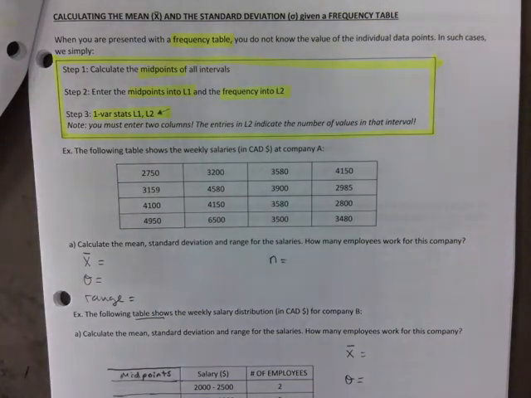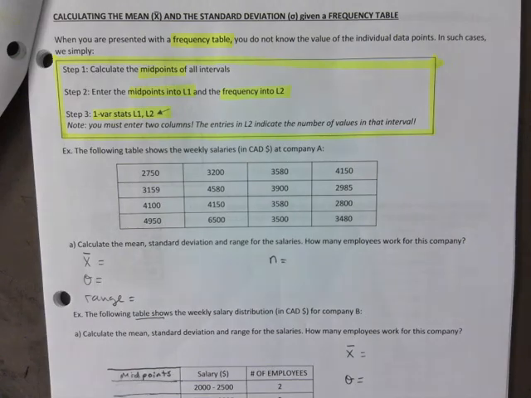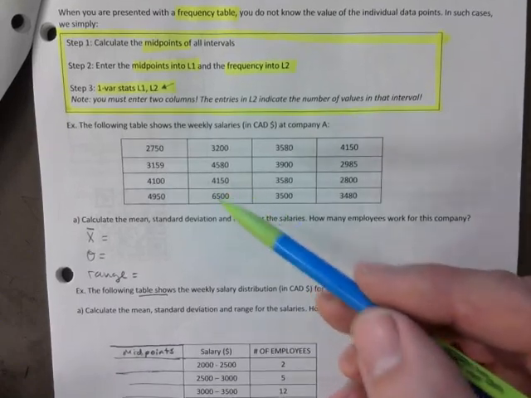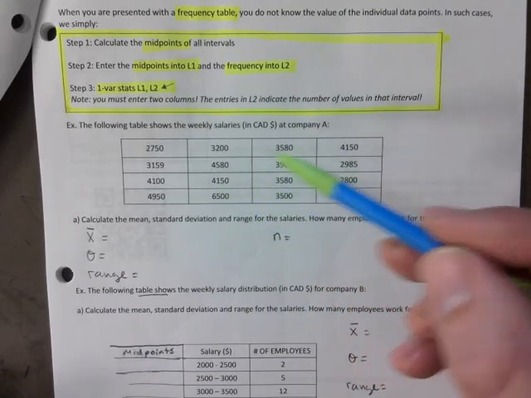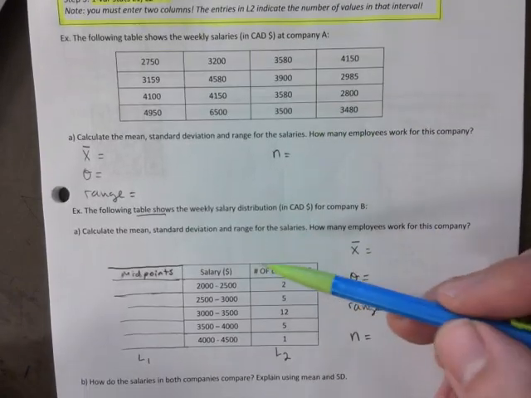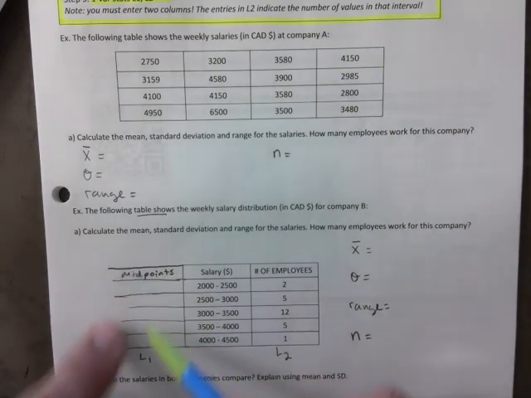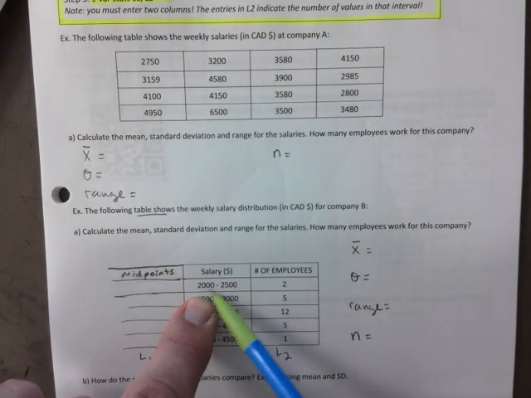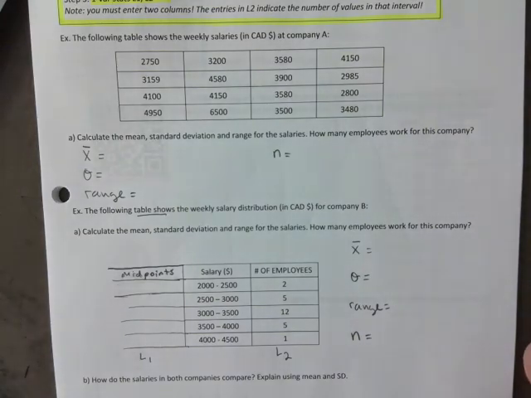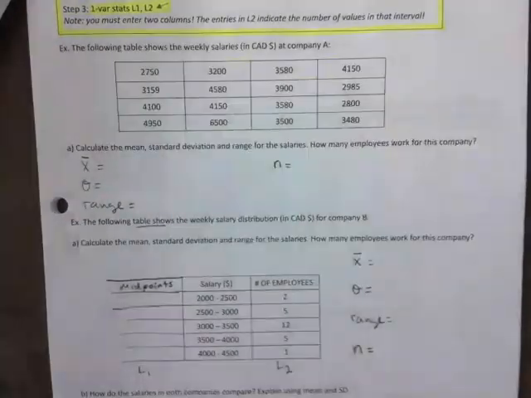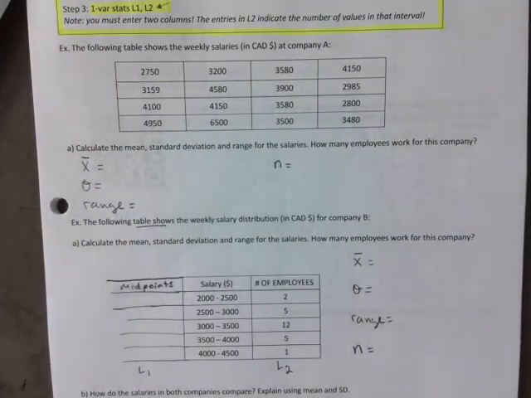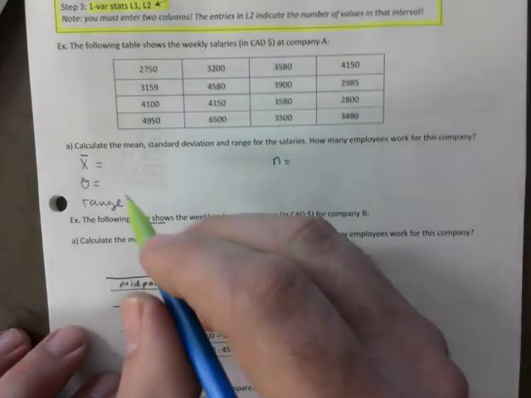So please don't forget that when there's a table with categories where you see they have different headings. It's not just a bunch of numbers that are just all listed. If you have different headings like that, you need to make sure, oh, I need my midpoints, and that goes into L1. Because you can't enter both of these into your L1, right? It doesn't work.